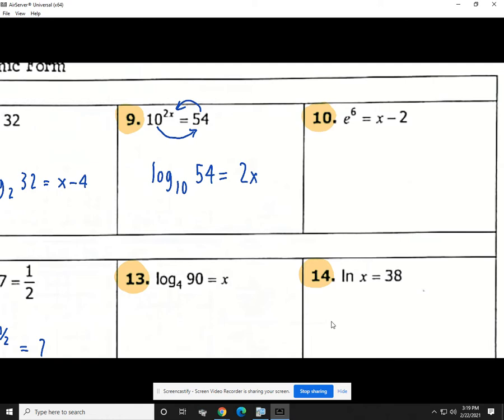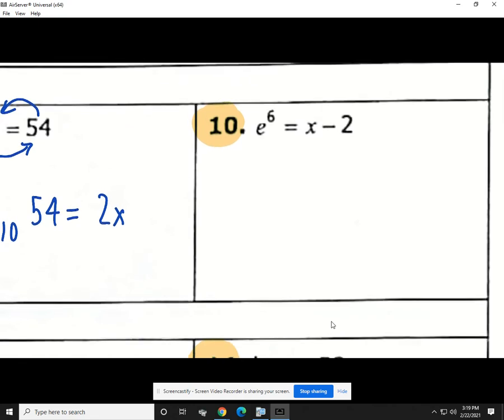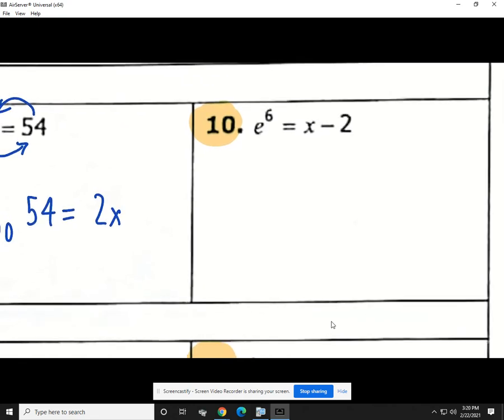Number 10, again, there's one that you can expect to be on your test that looks like this one. What's the key to this problem? Well, hopefully you notice that the base is e. Remember, when the base is e, you don't write log, you do a natural log. So you do natural log. It's understood to be base e of what? That whole thing, x minus 2.